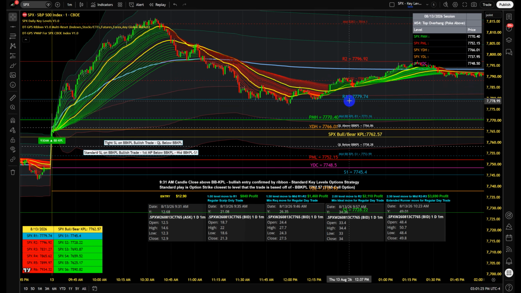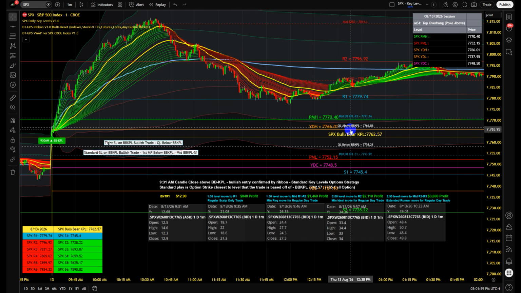When price hits your initial target level, you can either one, exit 100% of your original position, and then if you're going to continue trading the rest of the session, you can just look for another trade opportunity after that. Option 2 is not exiting your original position, but simply adjusting your stop loss to break even or break even plus a 10 to 15% profit buffer on top of break even.